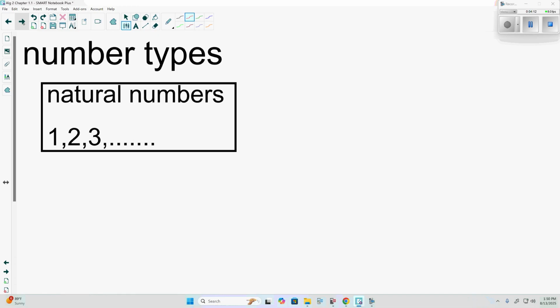If you write a number line, 1, 2, 3, 4. This gives us really our counting numbers, our positive numbers going to the right, if we're looking at a number line. 1, 2, 3, 4, 5. These here are our natural numbers.